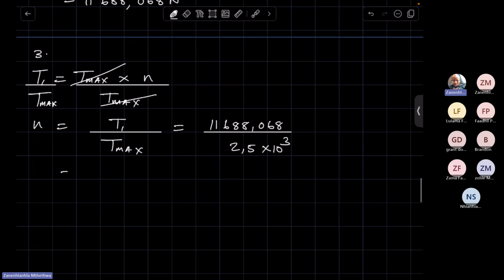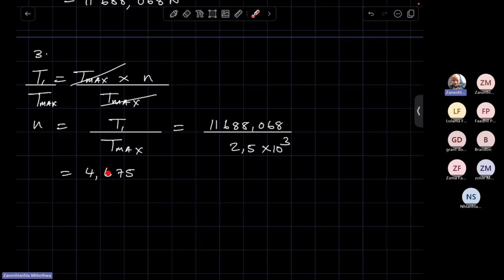Which gives us 11,688,068 divided by 2,5 times 10 to the 3. That gives us 4,675. Obviously this is in decimal form, so you have to approximate. If the numbers after the comma are 4 or less, then you take the number before the comma exactly as it is.